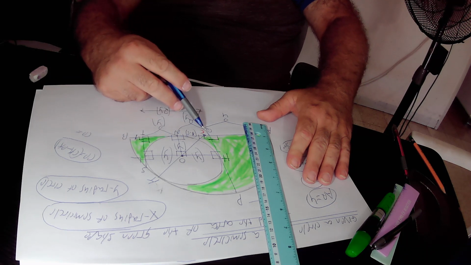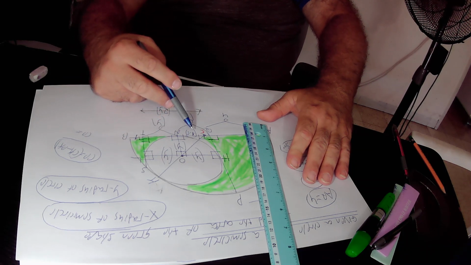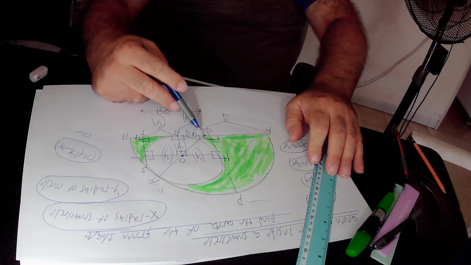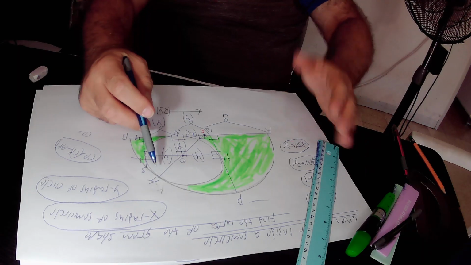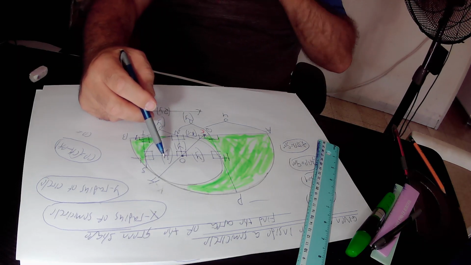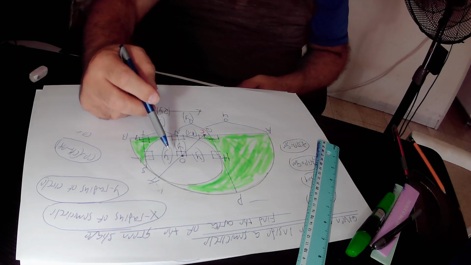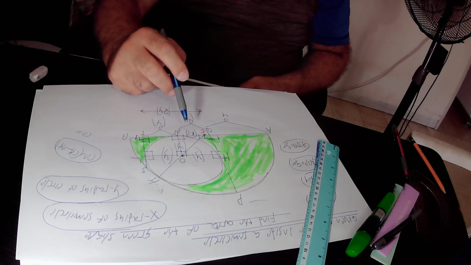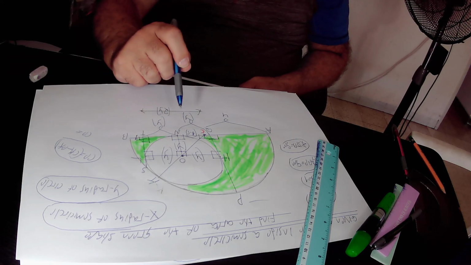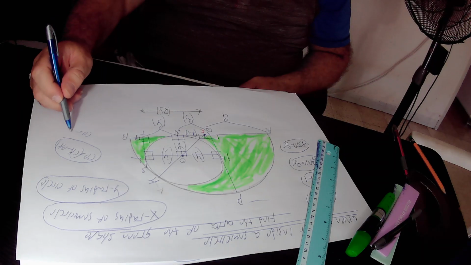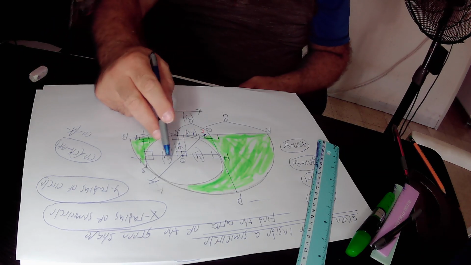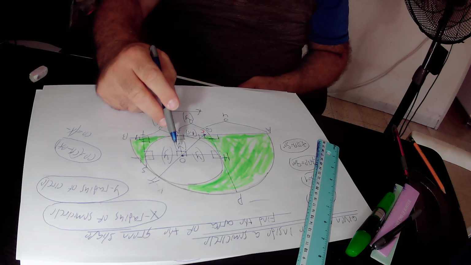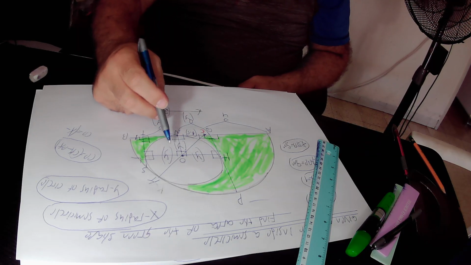What is the definition of line segment CK? Line segment CK starts from point C, that is the center of this big semicircle, and ends at point K, that is the point on the semicircle itself. So this is exactly the definition of a radius. Therefore CK is the radius of this big semicircle, that equals x, minus OK. OK is of course the radius of this small circle, that equals y.